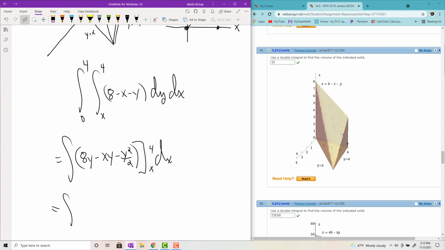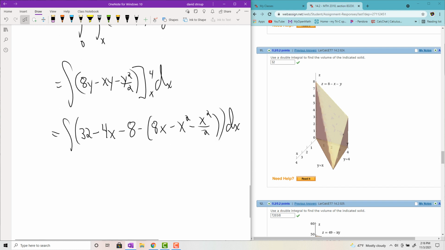So that will be, put in the 4 first, so you get 32 minus 4x minus 16 over 2 is 8 minus 8x minus x squared minus x squared over 2 dx, of course. Then we are subtracting some terms here, right? So 32 minus 8 is going to be 24.